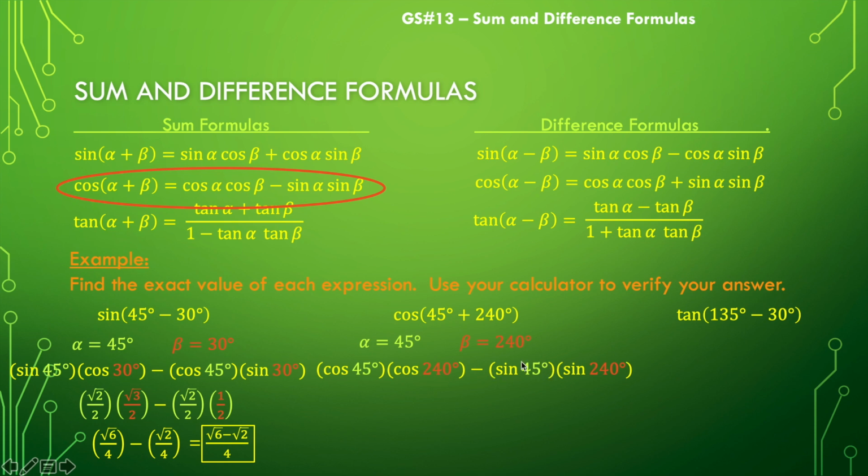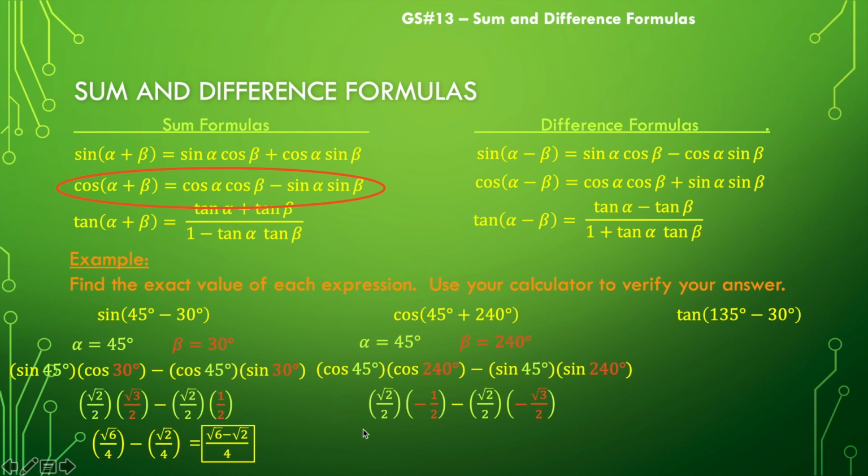Okay. Then we have the sine of 45 degrees, which is the square root of 2 over 2, and the sine of 240 degrees, which will be negative root 3 over 2. Okay, when we put that all together, we have these values. So we want to go ahead then and multiply them and simplify.